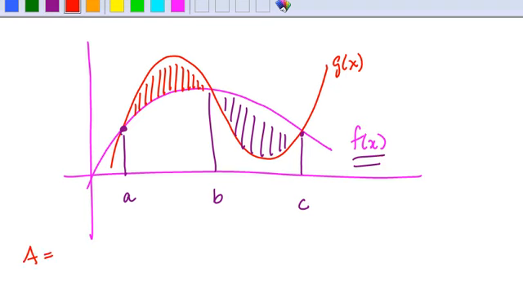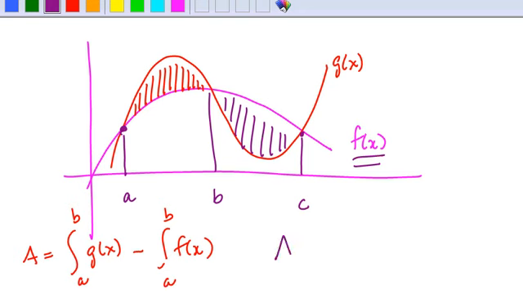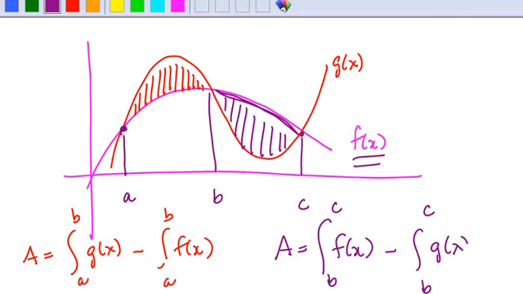The red area would be the integral of g of x, because that's on top, between a and b, minus the integral of f of x, because that's the one on the bottom, between a and b. And then we'll do the second area, the purple area. That's where the f of x is on top, between b and c, minus the one on the bottom, which is between b and c, but it's the g function.